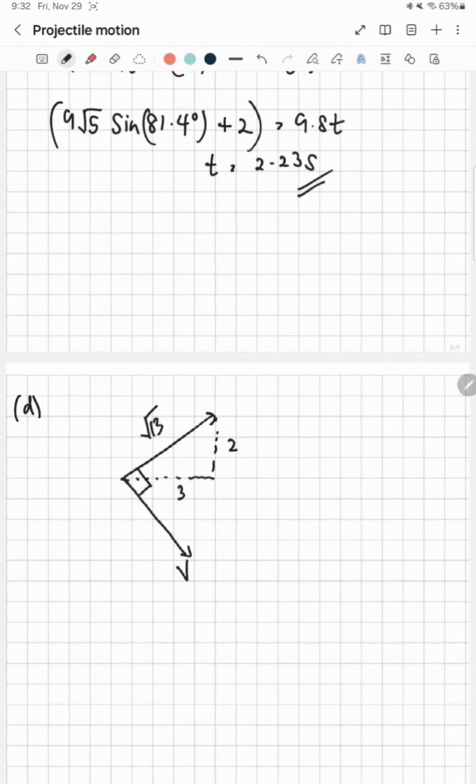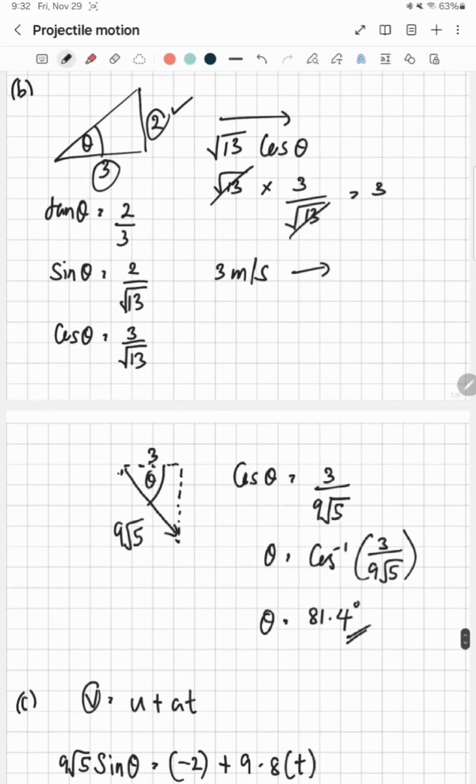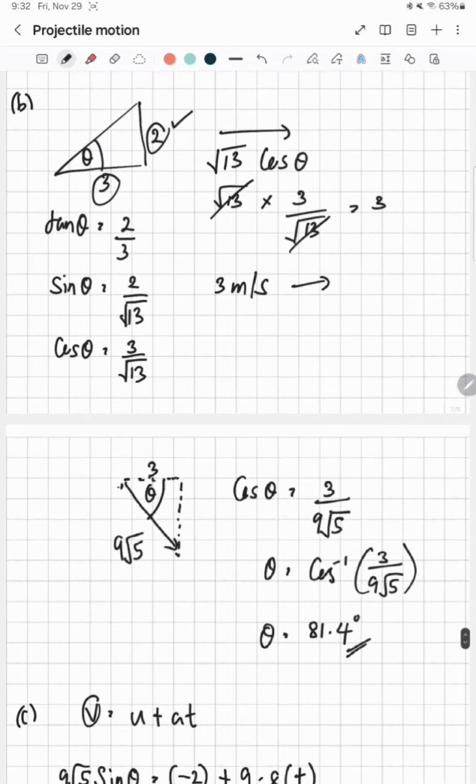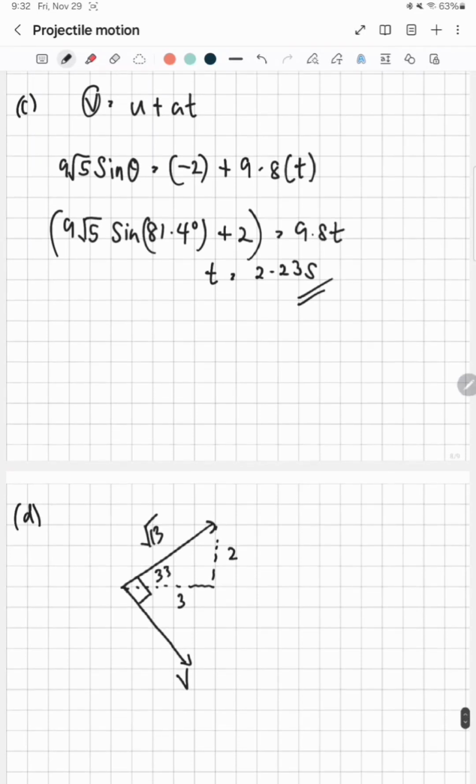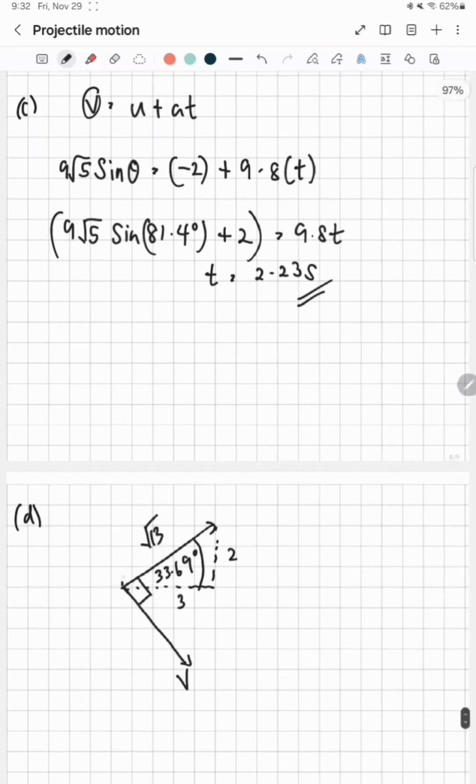So for it to be perpendicular, the angle we found over here was tan inverse 2 over 3. This angle is 33.69. So what's this other angle going to be? If it's 90, it should be perpendicular, right?